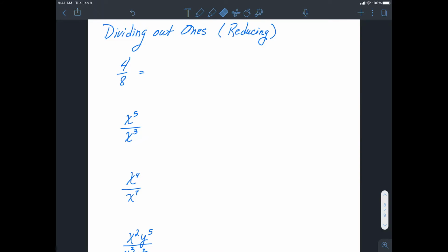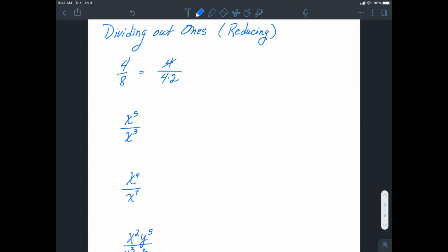If we had to simplify 4/8, what we would notice is that 4 is a factor of both 4 and 8. So we can divide the numerator and denominator both by 4. Now, if I were to illustrate that, we might think of the numeric fraction as 4 divided by 4 times 2.